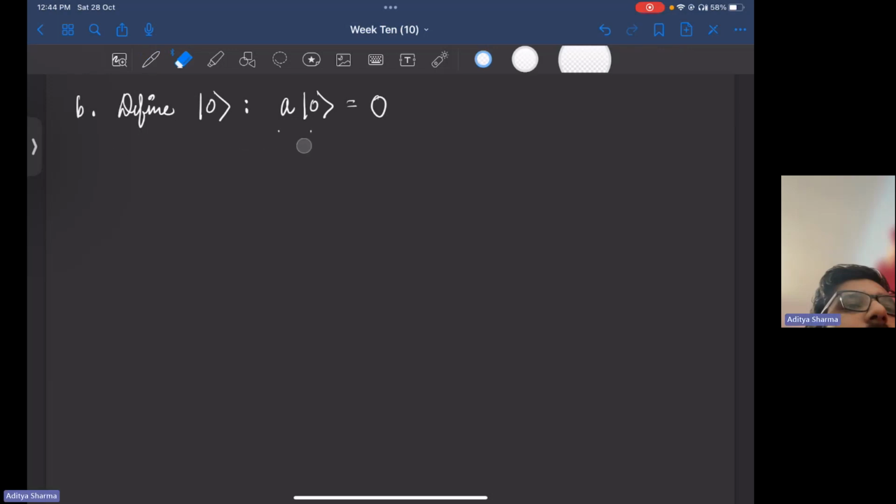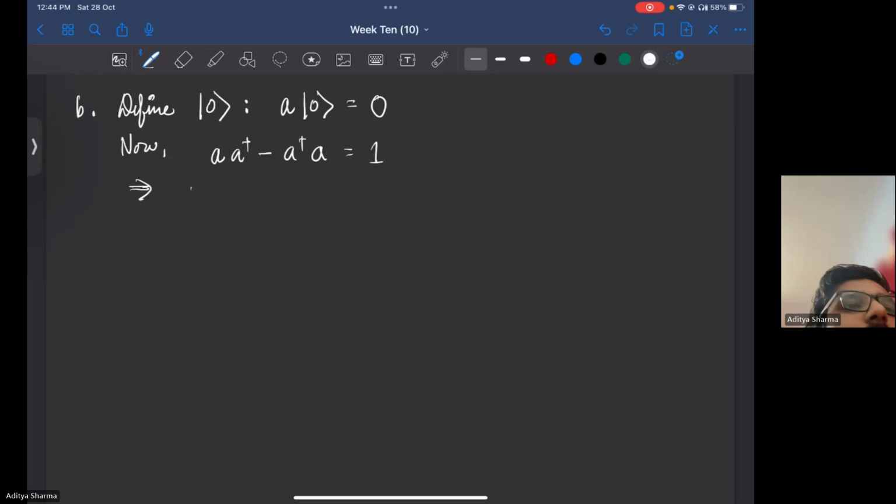Before doing that, let me tell you what |1⟩ and all are. So we have defined this. Now, using the commutation relation, a a dagger minus a dagger a equals 1, you're going to see what happens to the vacuum. a acting on |0⟩ is equal to 0.